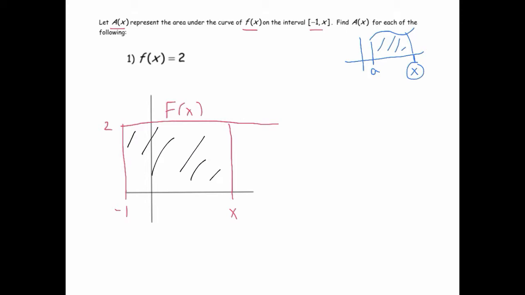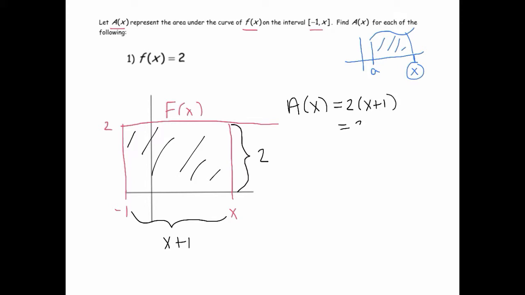So that area here, A of x, is going to be this area. So notice we have an expression for this area, not an actual number. The height is 2, but the width of this rectangle is just x minus -1, which is x plus 1. So the area is just 2 times x plus 1, or 2x plus 2.